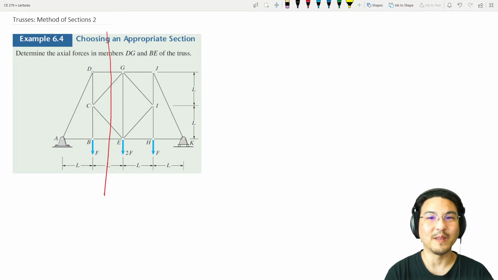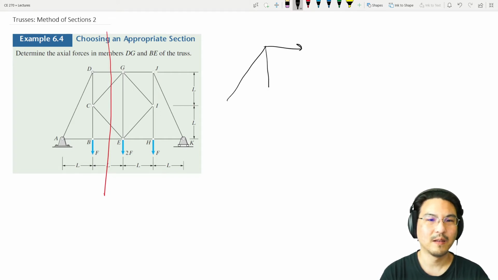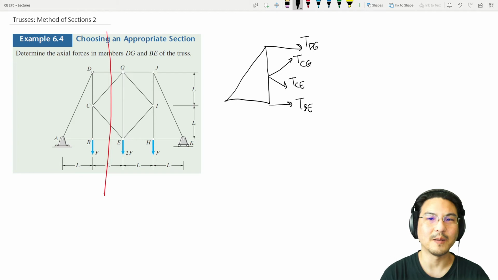right? And then if you did that, what do the sections look like? The free body diagram of the left section would look like this. Okay, and then this is BE, CE, CG, DG.